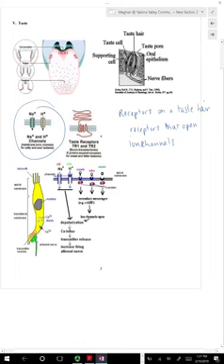They'll either open a sodium or a H+ channel. So if they're opening a sodium channel, then that's going to give us the taste of salts. And if they're opening an H+ channel, it's an acid, right? H+ is an acid. That's going to give us the taste of sour.